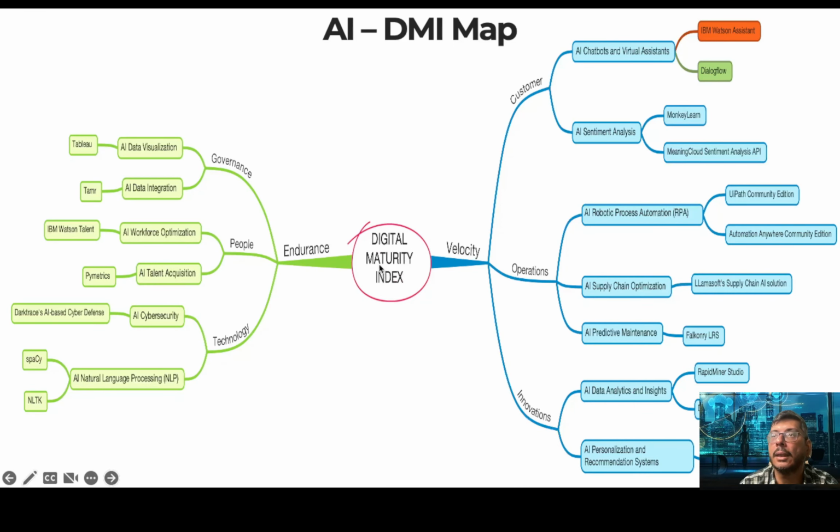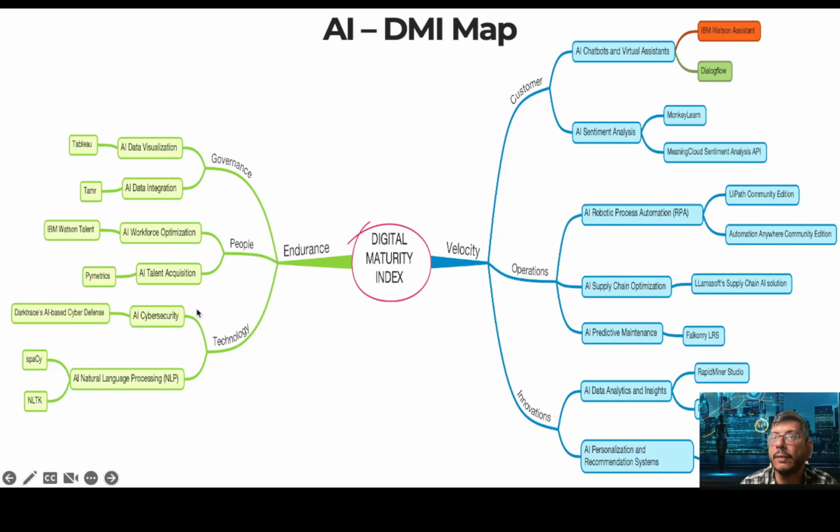There is a digital maturity index that is used to create strategy around your digital transformation, and it has 6 pillars. There's the customer, operations, and innovations pillars, which cover the velocity aspects. And then there's governance, people, and technology, which cover the endurance aspects.